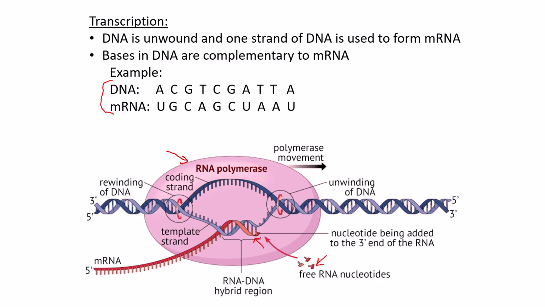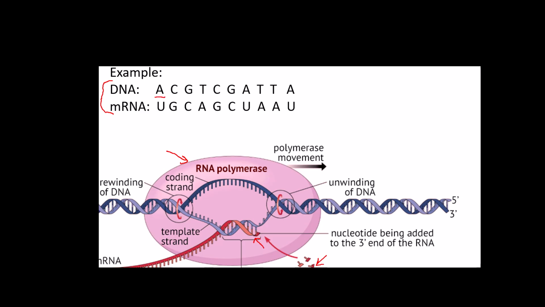So for example, in the open part of the DNA, if there's an A base, the RNA piece that's grabbed and attached here temporarily is going to have the uracil base. So if there's an A, mRNA that is made turns to U. If there's a C on the DNA, then it turns to G, G to C, T to A.